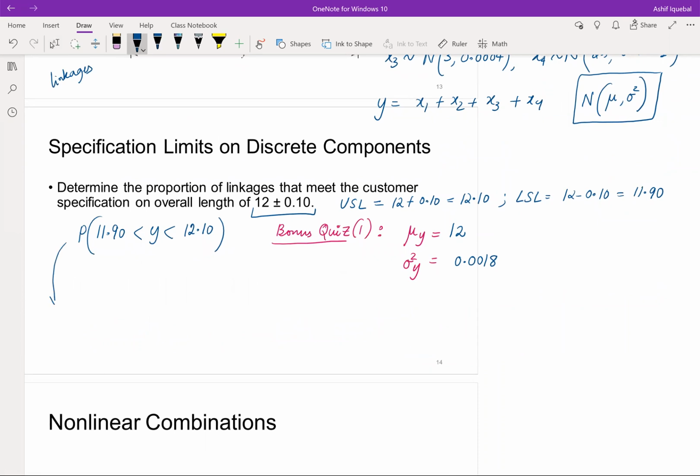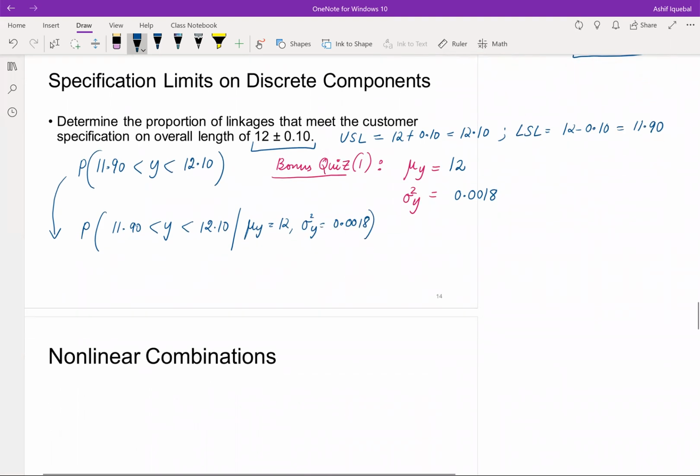Once we have mu of y and sigma square of y, we can just write this down as probability 11.90 less than y less than 12.10 given mu of y is equal to 12 and sigma square of y is equal to 0.0018.